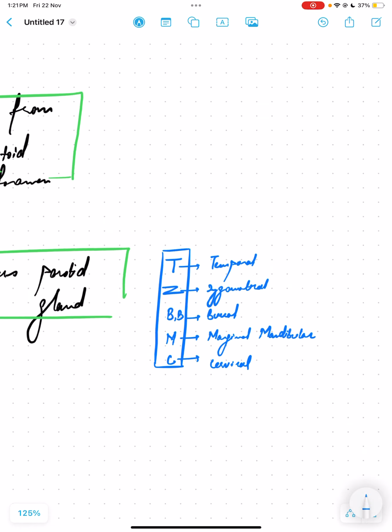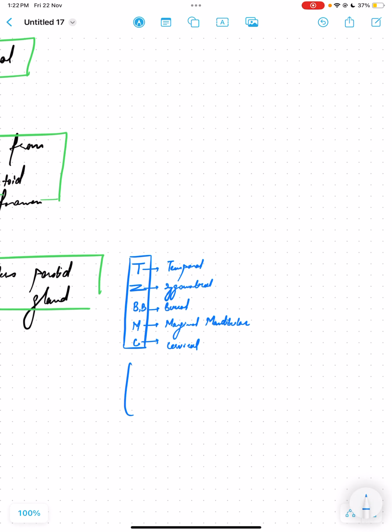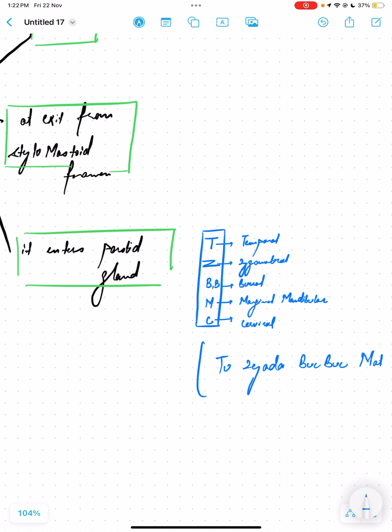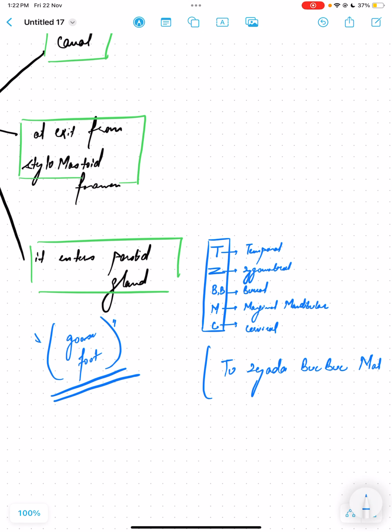Okay, you can remember the mnemonic "tu zyada bak mat kar". Okay, and it resembles a goose foot, like a duck foot. It has been given a name like this. Okay, this was the last part.